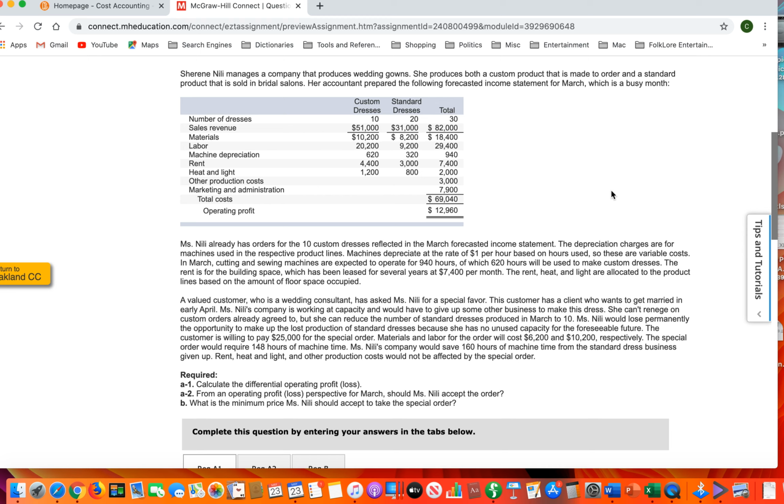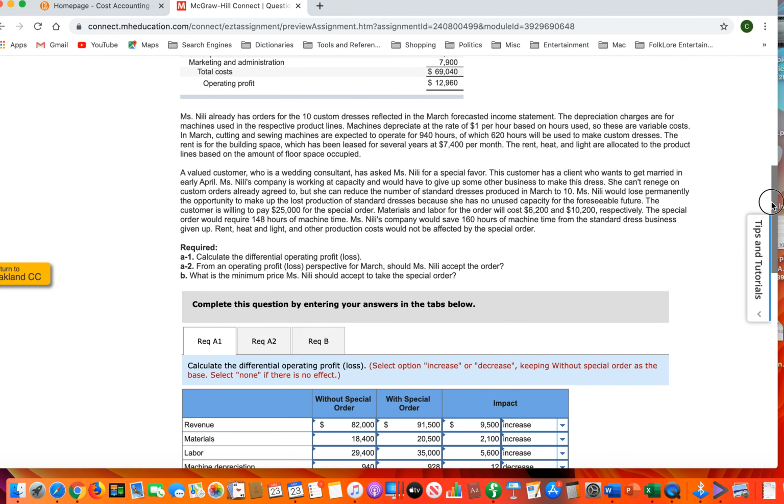Well, what did I do here? Yeah, 10,200. Oh, 148 hours. I'm sorry, that's the difference of $12 right there. I misread that. 148. So it's 8,452. So in other words, if she accepts the order, she has a contribution margin of $8,452, and she would have given up a contribution margin of $6,640. The difference being $1,812. So she's ahead by $1,812 if she accepts the order.